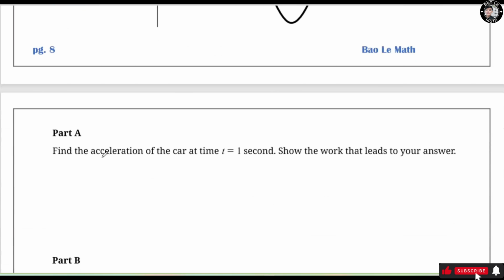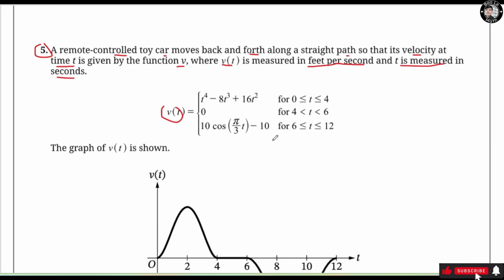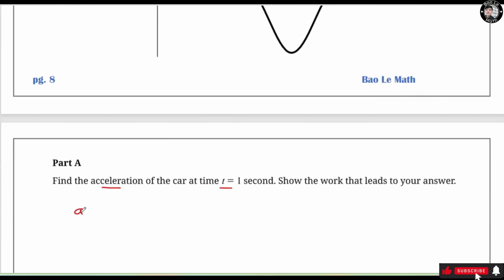Question A. Find the acceleration of the car at time t equals 1 second. Alright, so at time t equals 1 second, it should be this function right here. We need to find the derivative of this function, right? So we have a(t) is v'(t), and it's going to be 4t cubed minus 24t squared plus 32t.